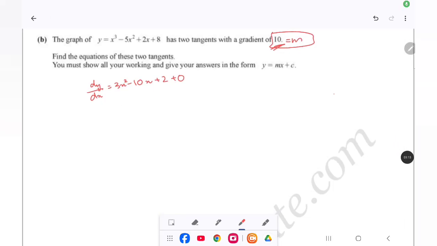Simply apply the middle term break formula. So 3 into 2 is 6, and the middle term is 10, so we have to break the middle term.